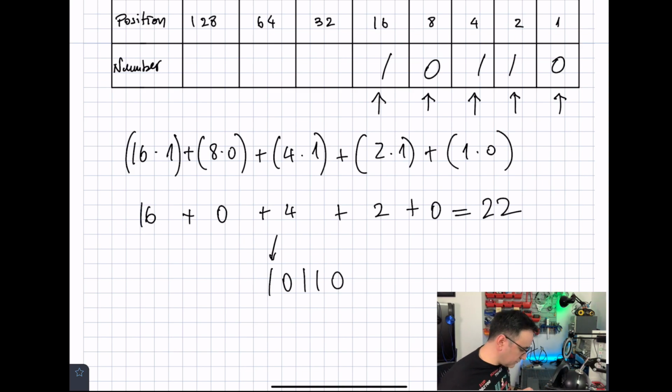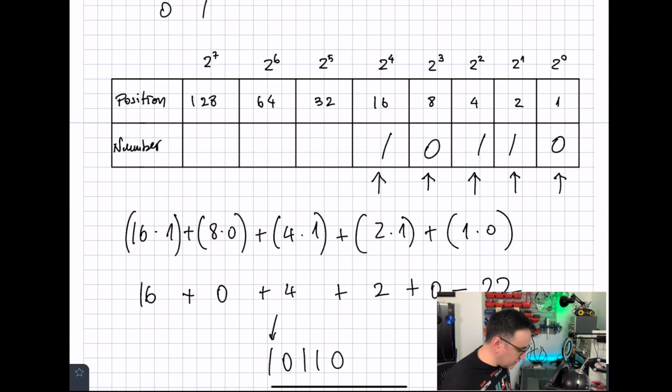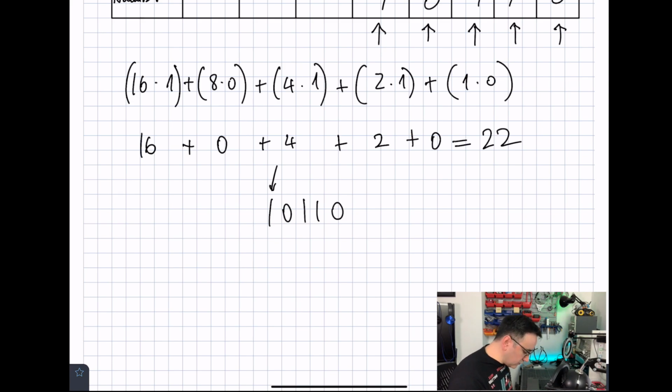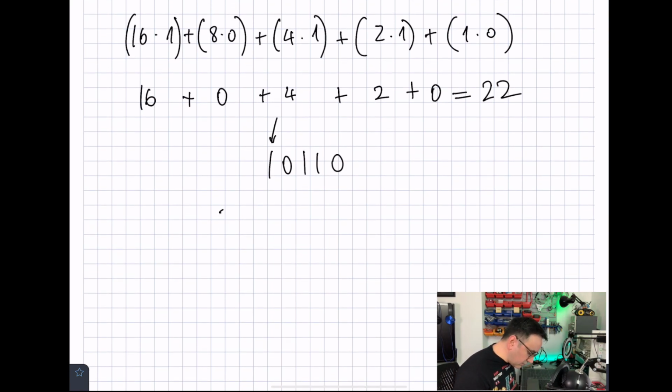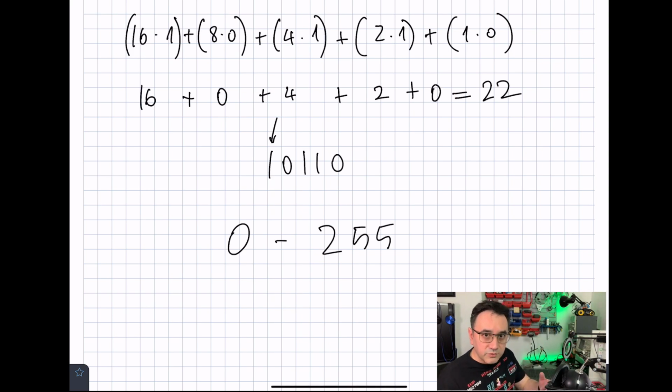If we add all the numbers in the positions from 128 to 1, we will get 255. So it means that you can represent numbers from 0 to 255. That's 256 numbers.